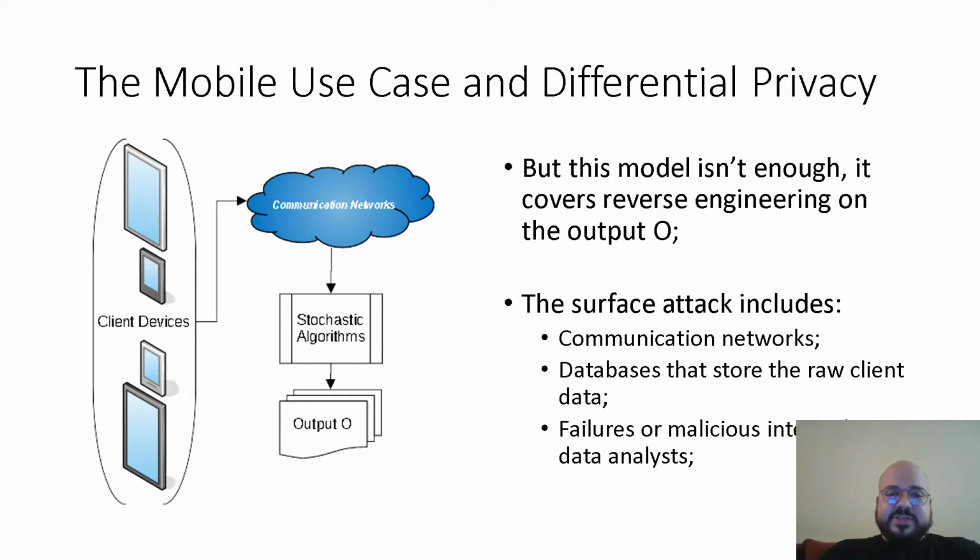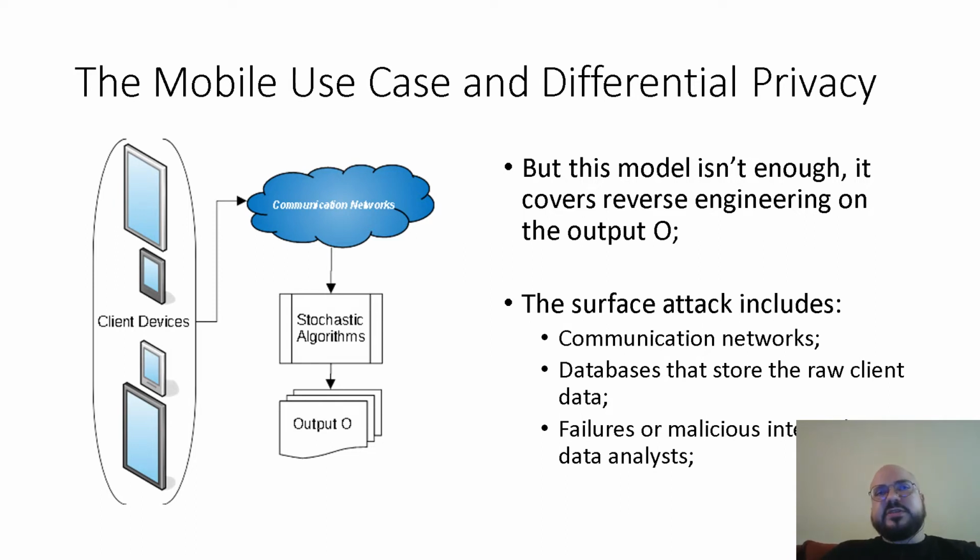This model of differential privacy that focuses on the output O is very good against reverse engineering on the output O, but it leaves a lot of attack surface untouched. For example, the communication networks, it does nothing to protect them.